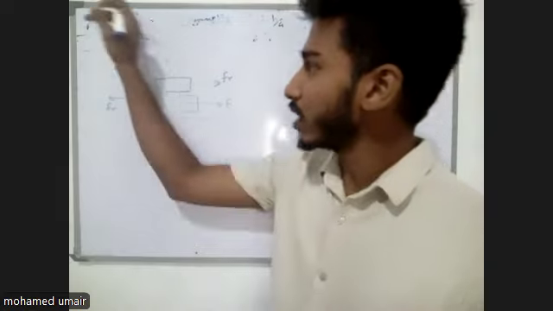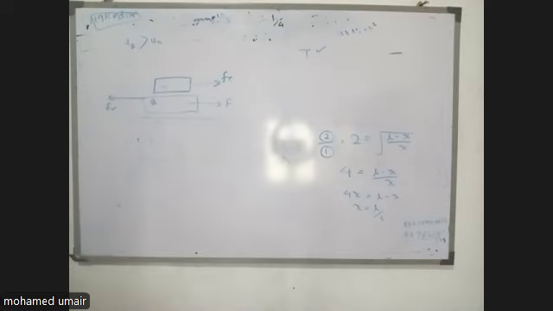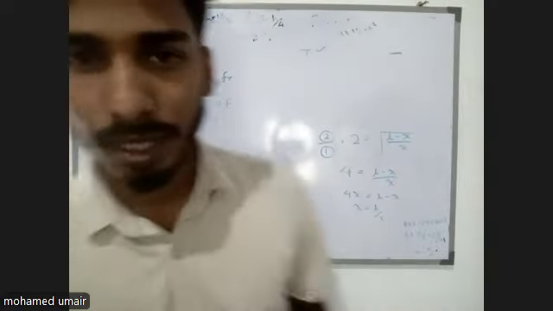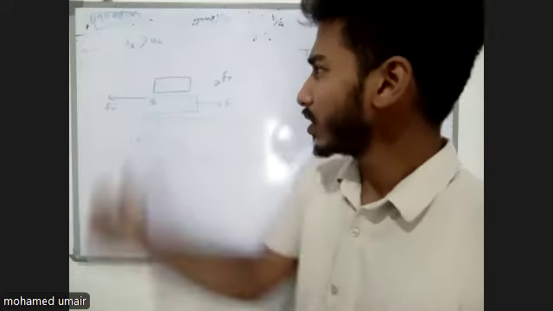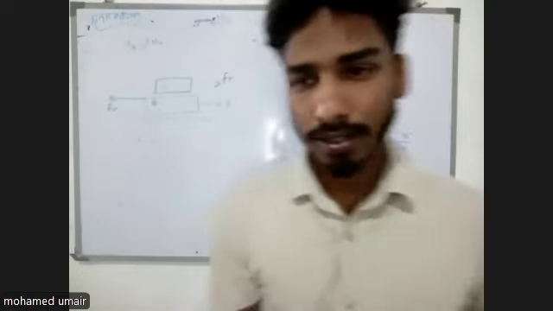So what does this static friction mean? Do you get an idea behind that? Static friction means the object has to be at rest. But you can see it is moving. So what do static and dynamic say in here?